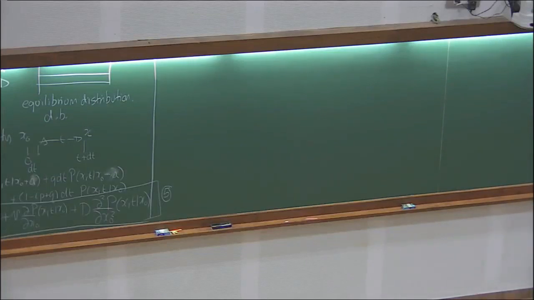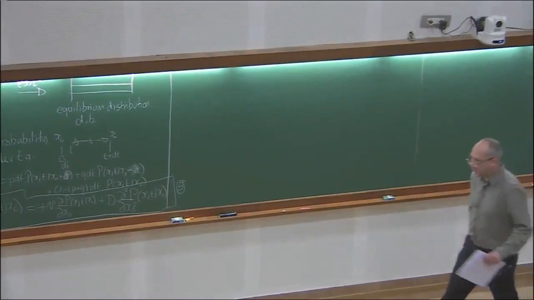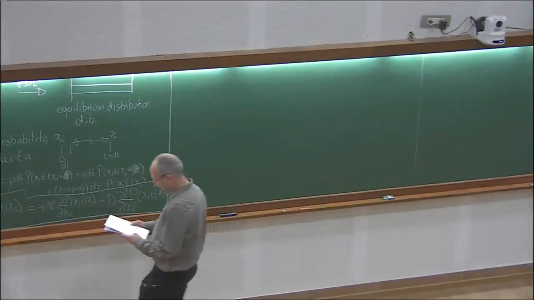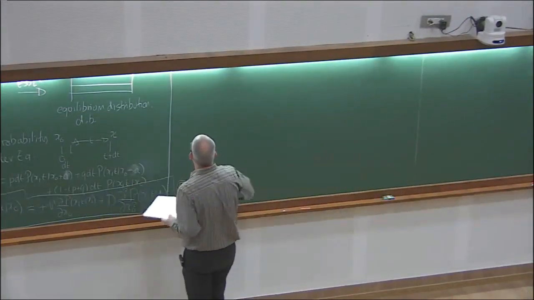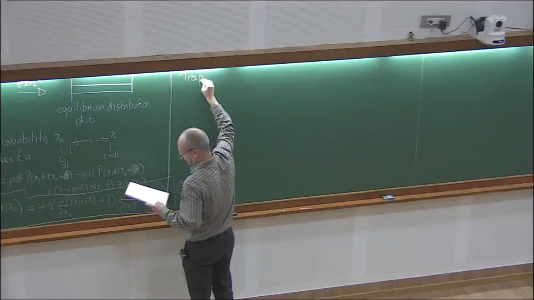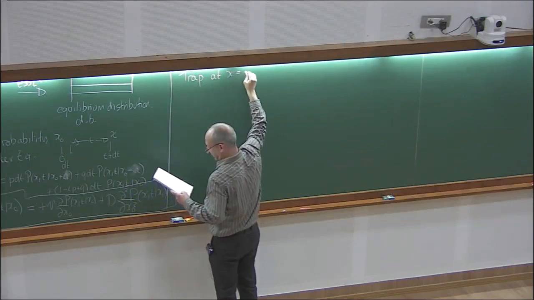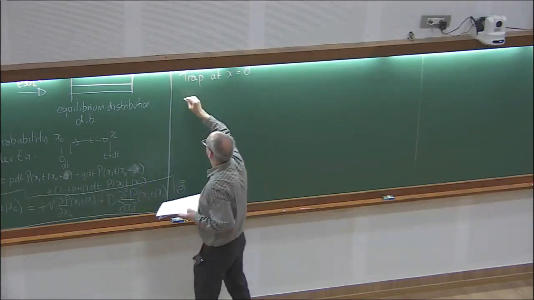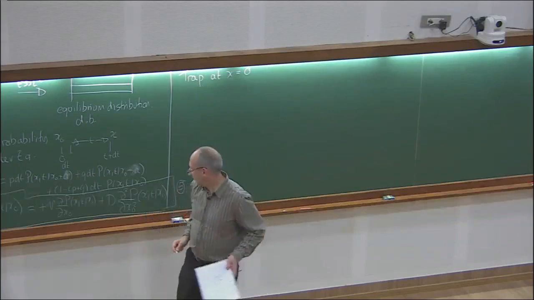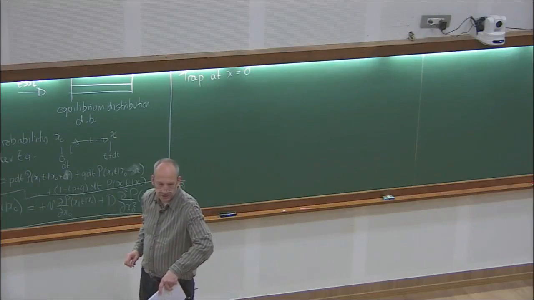Okay. So let me now return to the problem of the trap. Let me introduce a trap now at x equals 0. So the way I put this, I want the same equation, and the trap now fixes the boundary conditions.